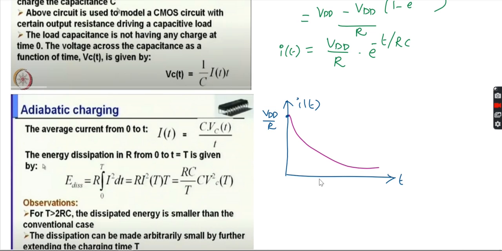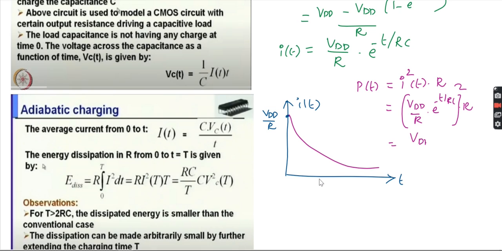From this you will now calculate the power. When you are calculating the power, that is P of t. What is P of t? P of t is equal to I square of t into R. What is I square t? I of t we already know. Then I square t is nothing but VDD by R into e to the power minus t by RC, the whole square, into R. Now what will this be?